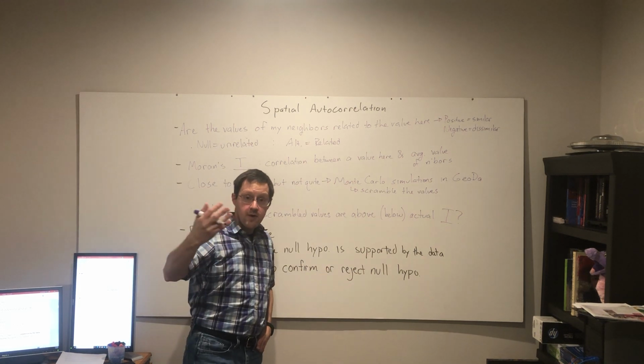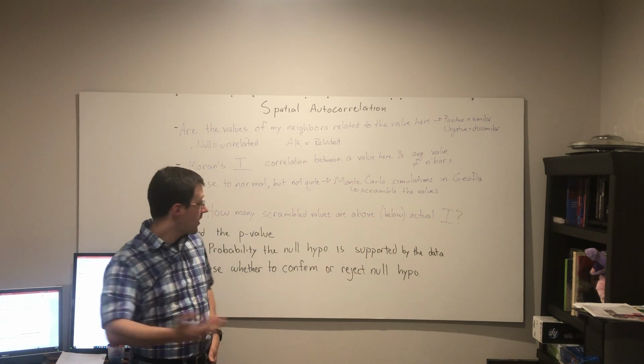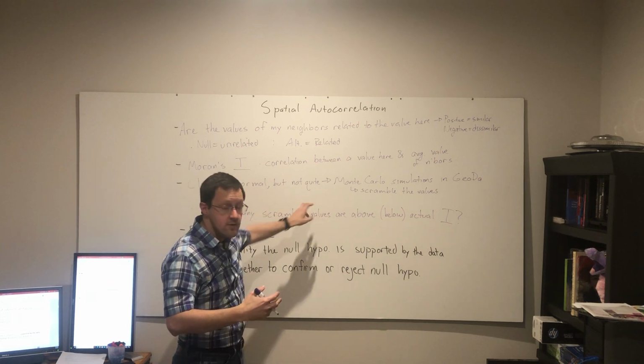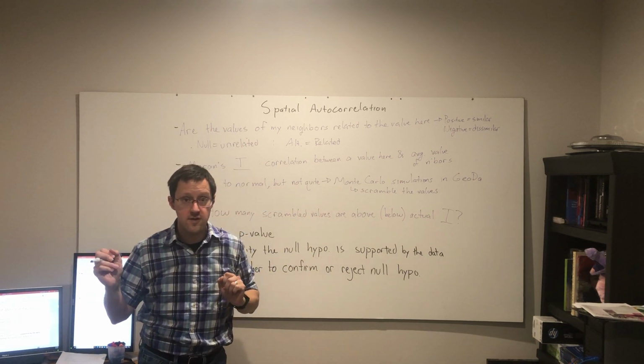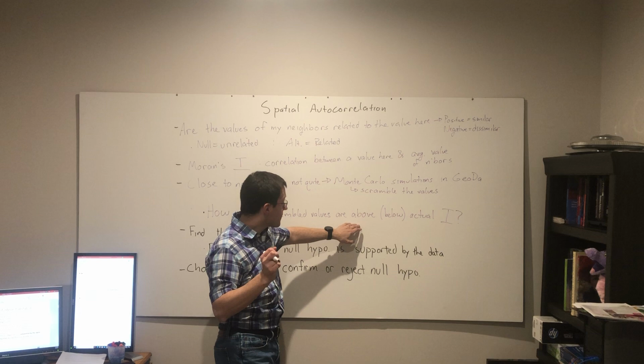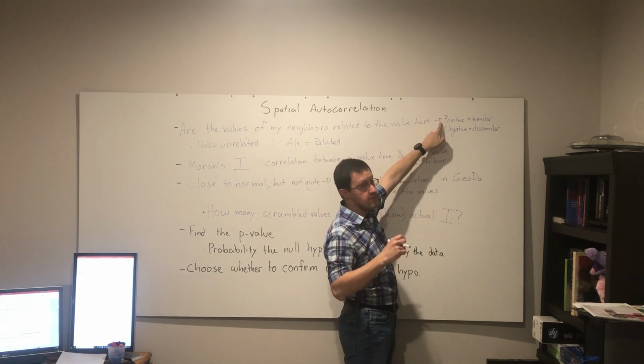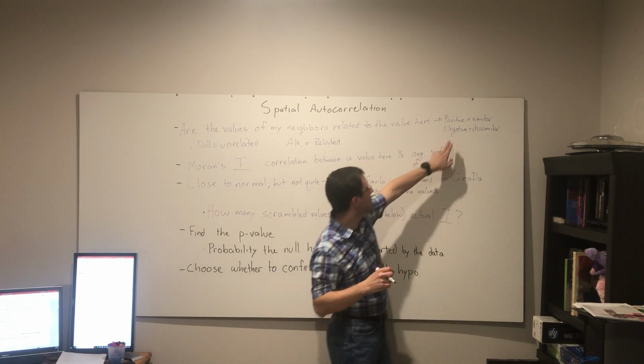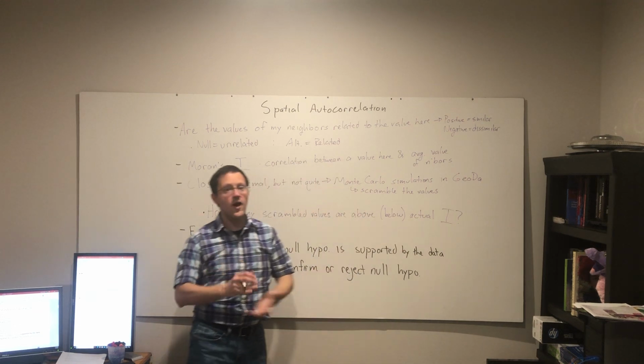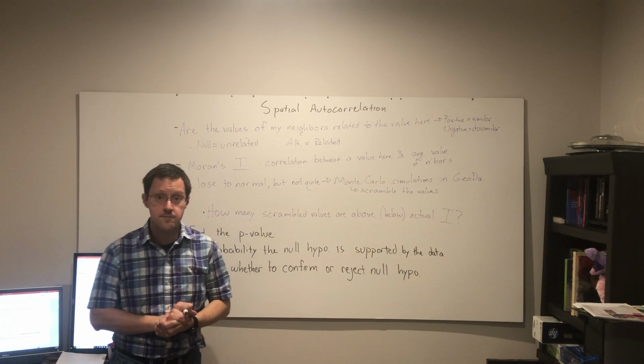By finding how many or what proportion of the scrambled values representing no autocorrelation at all are above for positive autocorrelation, or below for negative, the actual value of I.